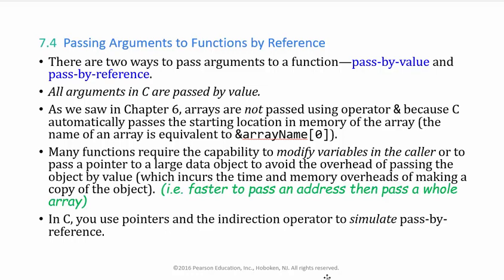Everything else in C is going to be passed by value. But this is a small technicality: when we have a function whose parameter is an array, notice that we don't actually pass an address into the function because we didn't use the ampersand operator.